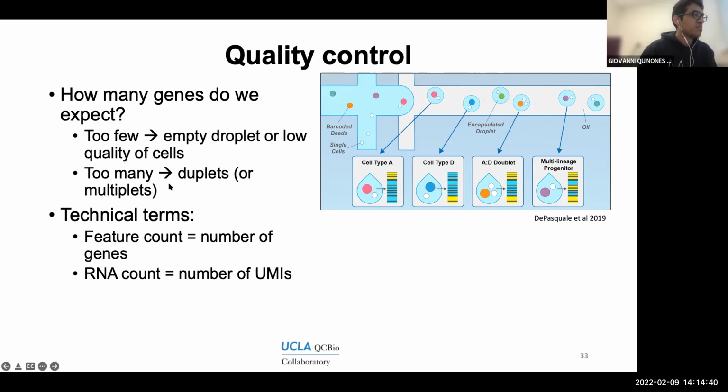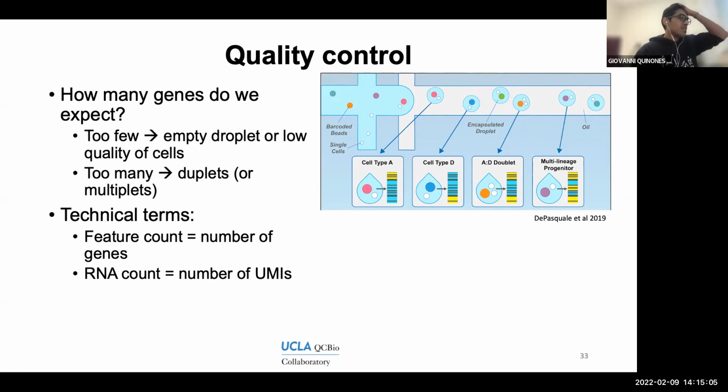If it has too many genes, this could be an indication of a duplet, or in some cases, multiplets. And we briefly mentioned this yesterday. If you remember the definition, this is the case where within every droplet, you have more than one cell.